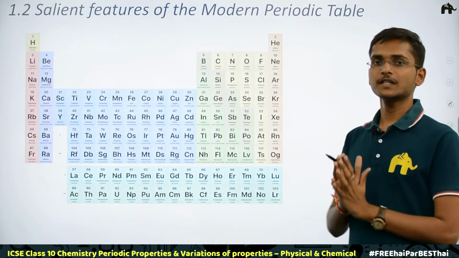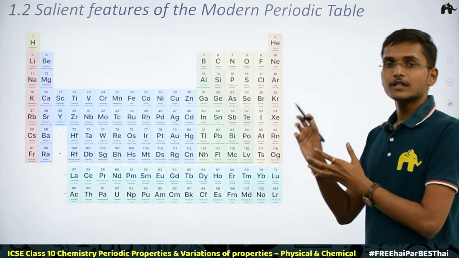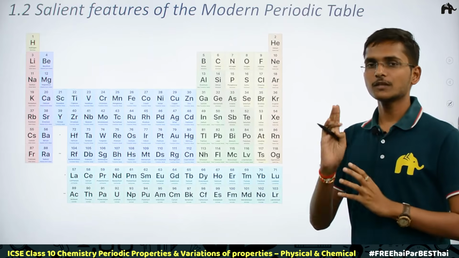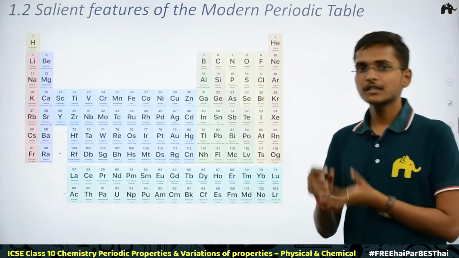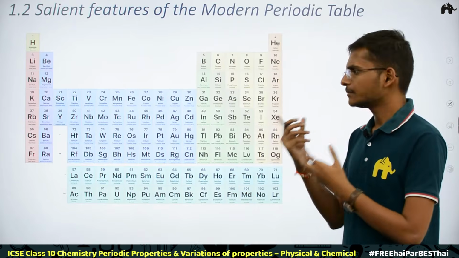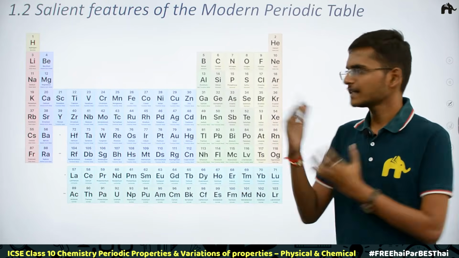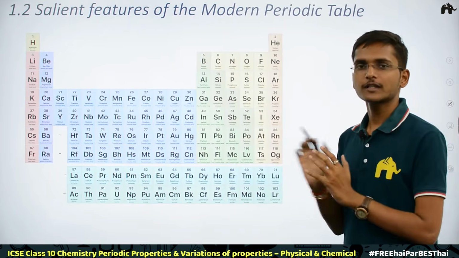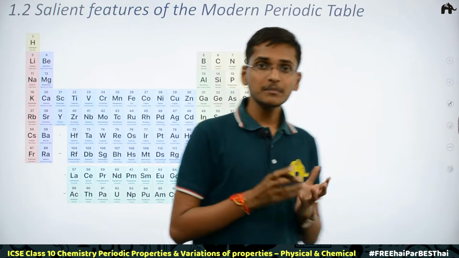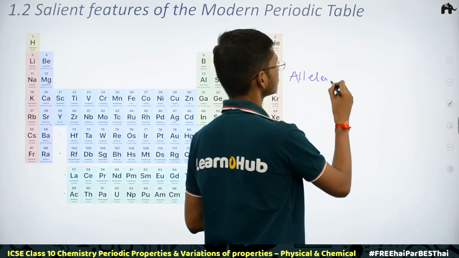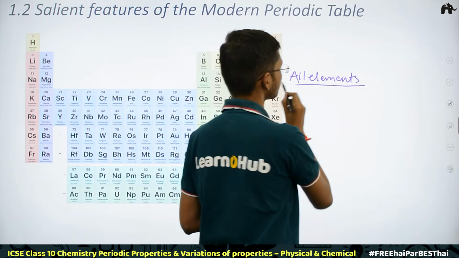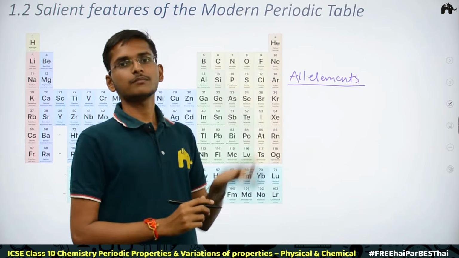Moving to the next interesting thing. So far we have learned groups and periods, but one more interesting thing: how we can determine the period and the group number of a particular S block or P block element. To determine the period number for all elements, as I said, number of shells means the period number.